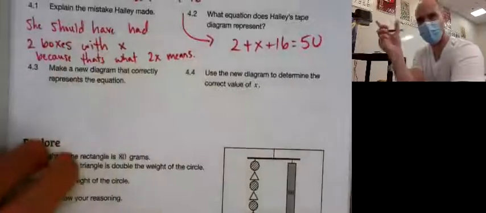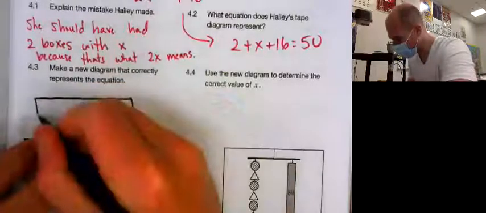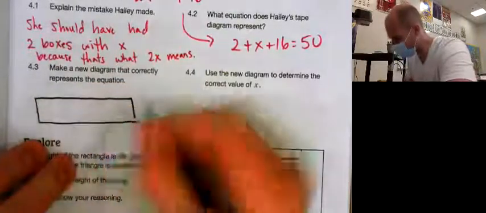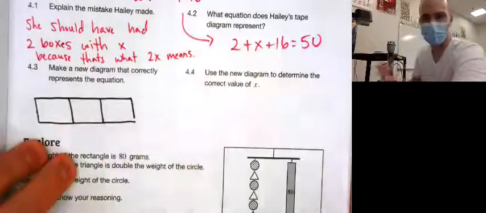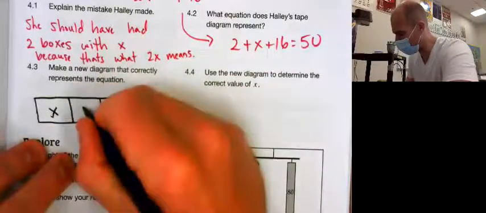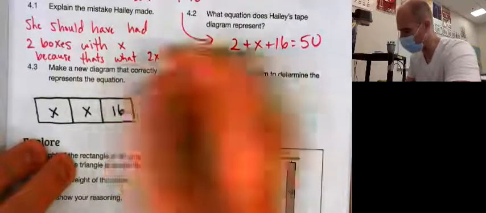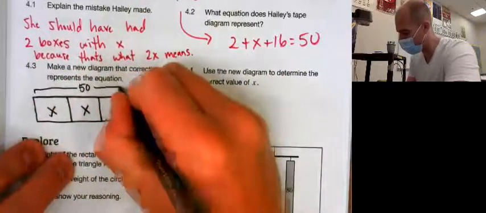You can't have like a little x and a big x in the same equation. So make that 1 x, another x about the same size. Now it looks like all 3 pieces are going to be about the same, which is fine. It didn't have to be that way, but whatever. So x, 16, and then the 50 across the top, showing that this whole thing adds up to 50.